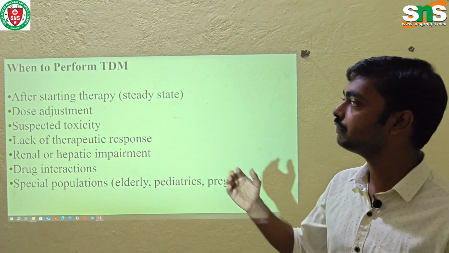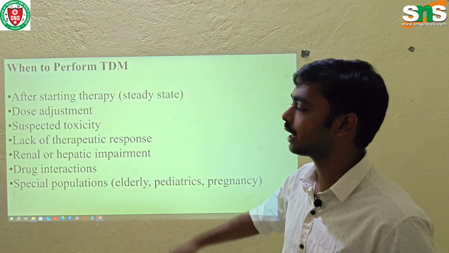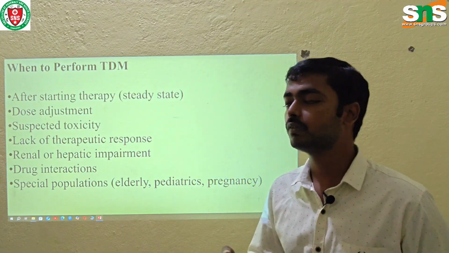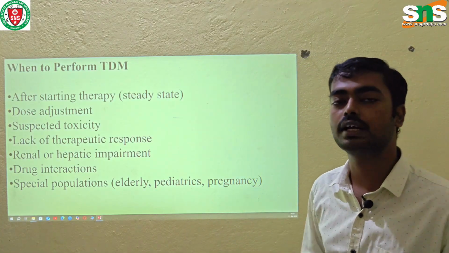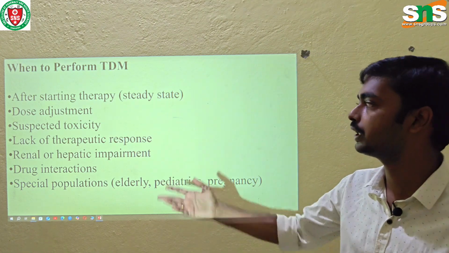Next, when do we perform therapeutic drug monitoring? After starting the therapy, we want to maintain the steady state of the drug in the blood. For that purpose, we want to measure it.